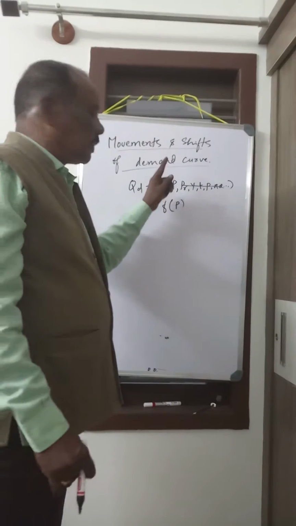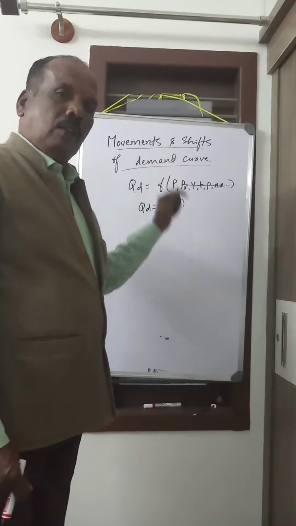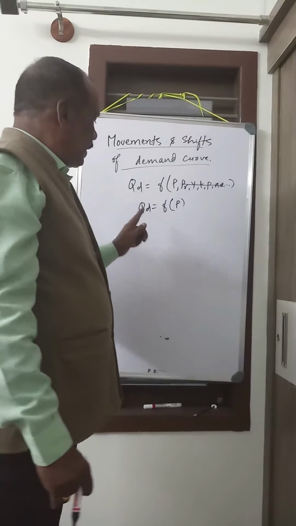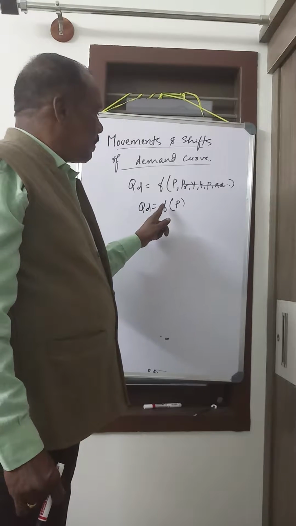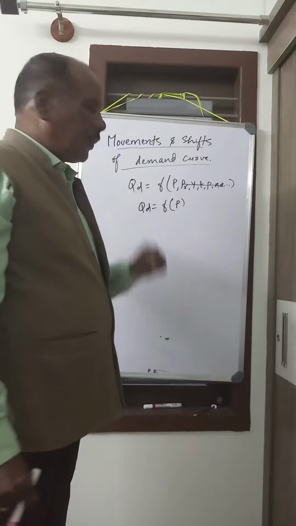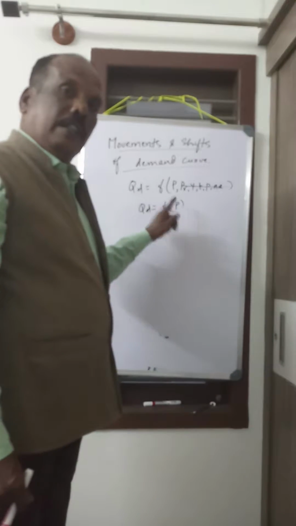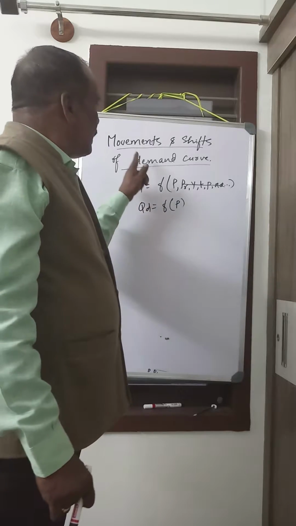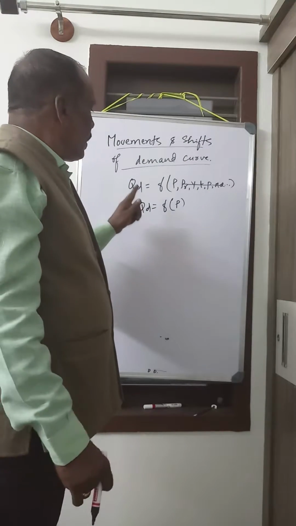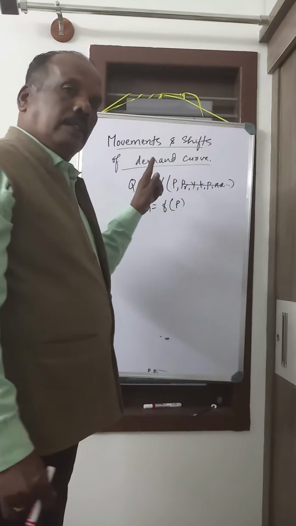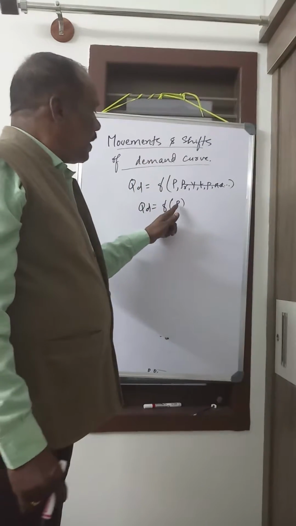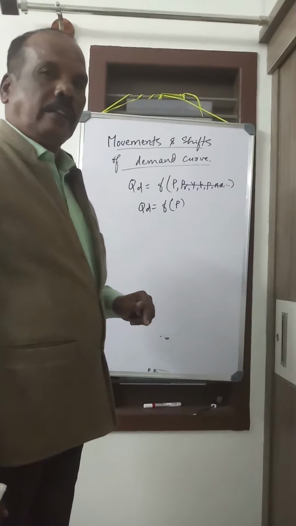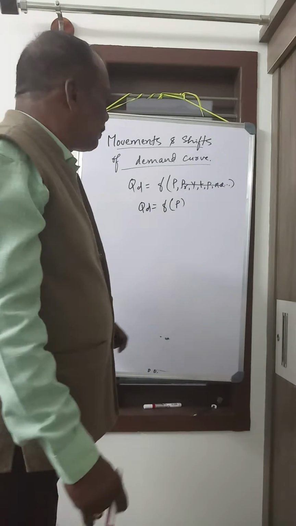Higher the price, lower the demand. And lower the price, higher will be the demand. That's the law of demand. That's why QD is equal to a function of price. So price is the independent variable. And in movements, we say that price is active and other factors are kept constant or passive.